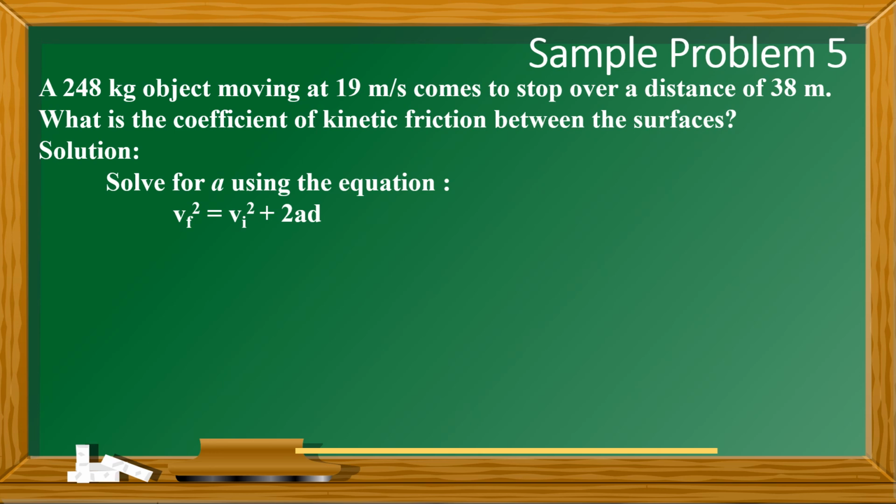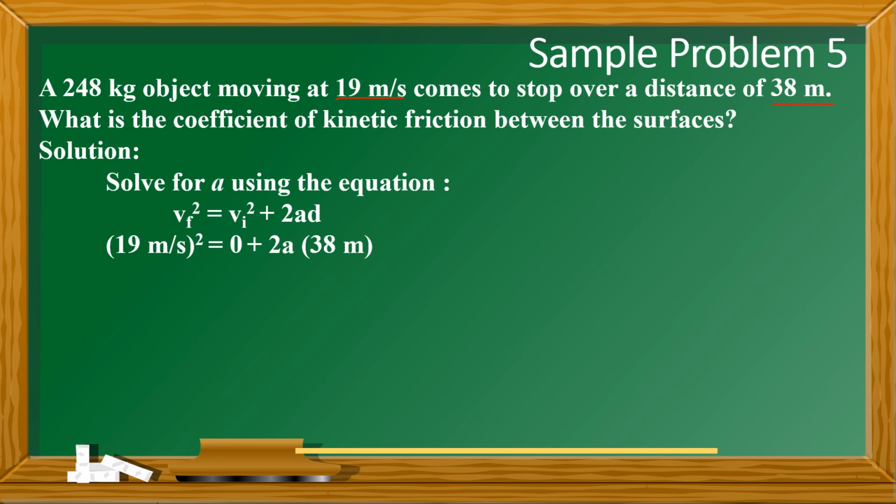In our previous problem, time was given. This time, the distance is given, which is 38 meters. So, substituting the givens into our equation, the initial velocity is 19 meters per second, and the final velocity is not indicated, therefore it is 0, plus 2a multiplied by our distance, which is 38 meters.